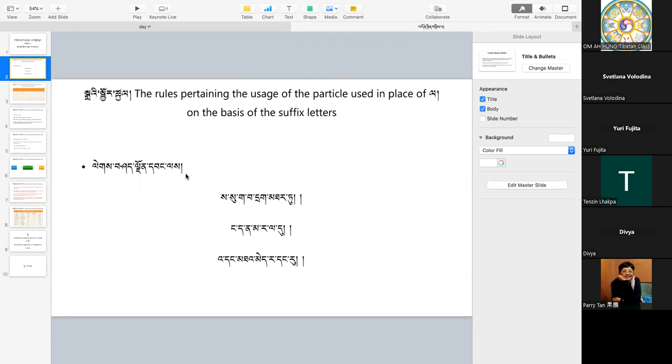So these 3 lines tell us the rule pertaining to the usage of the particle used in place of la on the basis of the suffix letter. It tells us which particle to be used with which type of suffix. Other than the post suffix, the rules are for all the other 10 suffix letters.